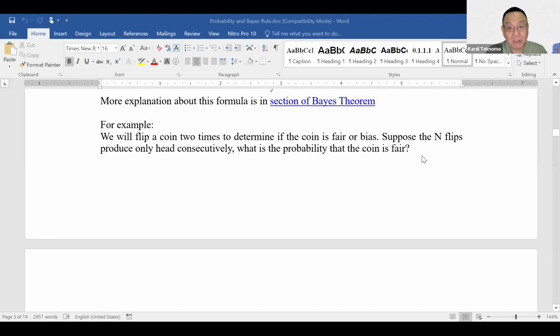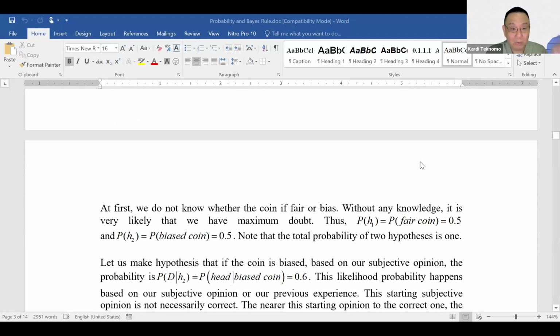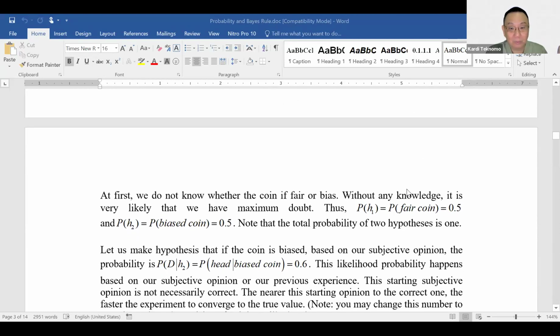The question is whether the coin is fair or not. So initially you don't know. So you say the hypothesis that it is a fair coin is 0.5, the hypothesis that it is a biased coin is also 0.5, right?